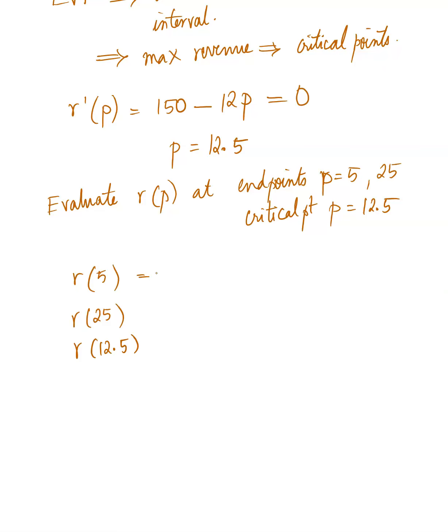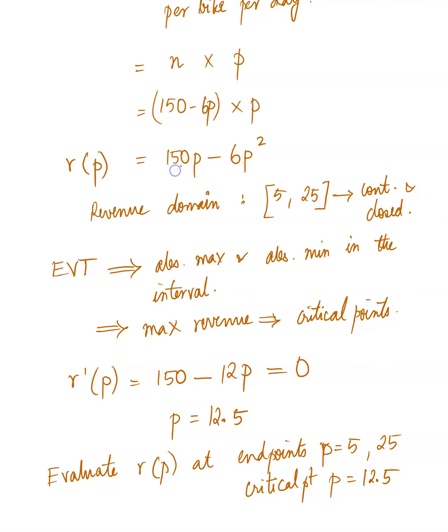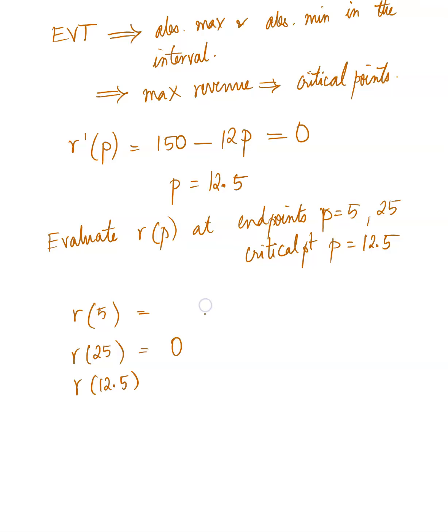When I plug in R of 5, I get 600. When I plug in R of 25, I get 0. Let me take you back quickly. I'm asking you to plug that in here: 150P minus 6P squared. And that comes out to be 600.